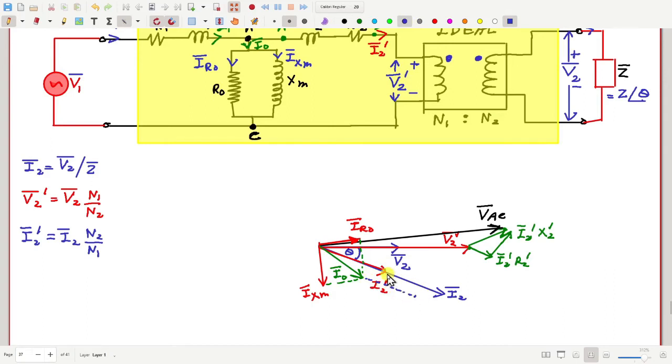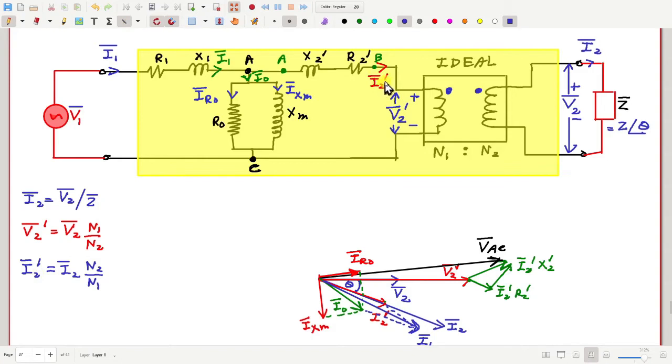If I add, I get this, which will be I1. Okay, so let me write. After finding I2 prime, what did I find?